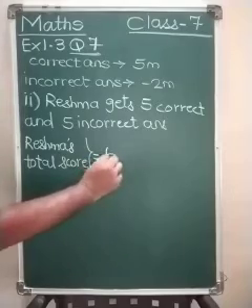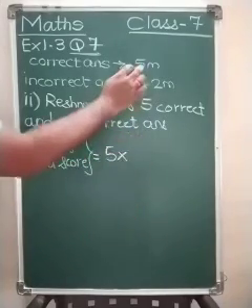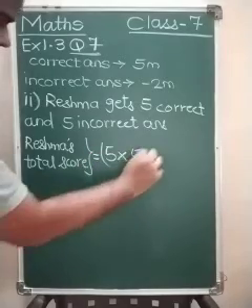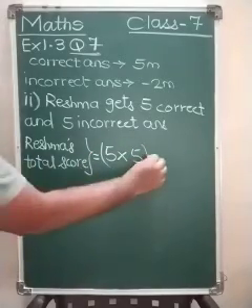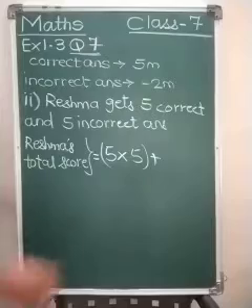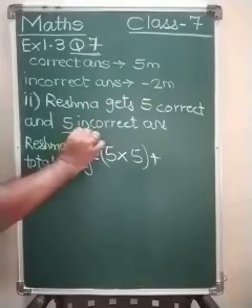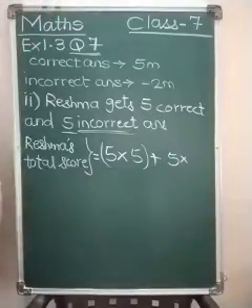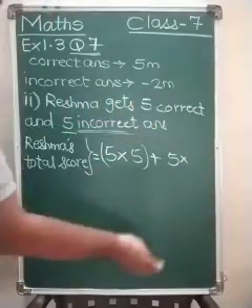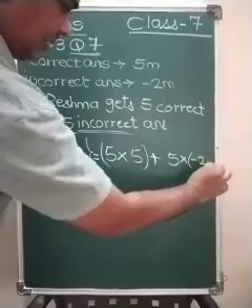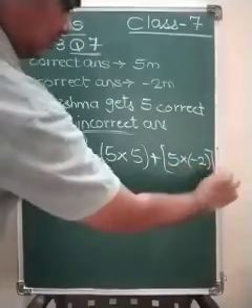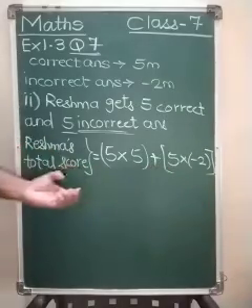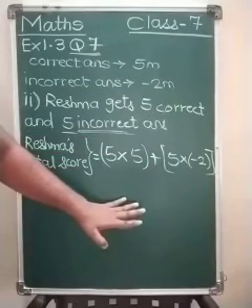So 5 correct answers multiplied by number of marks for the correct answers, that is 5, plus 5 incorrect answers. So 5 multiplied by marks for incorrect answers, minus 2, and done. Now we just have to solve this expression and we'll reach our answer.